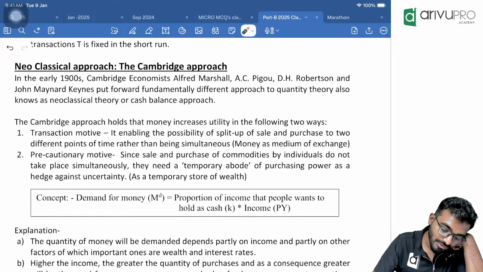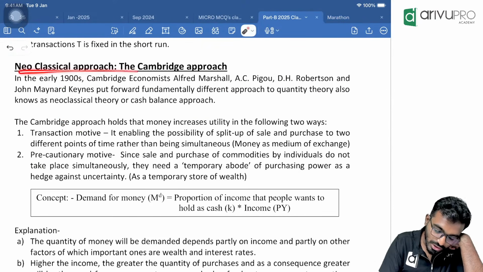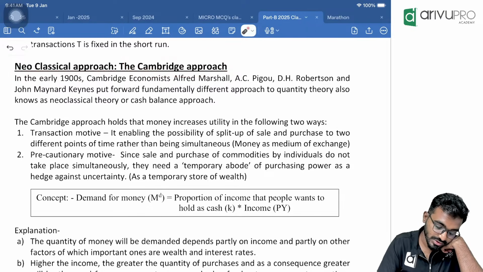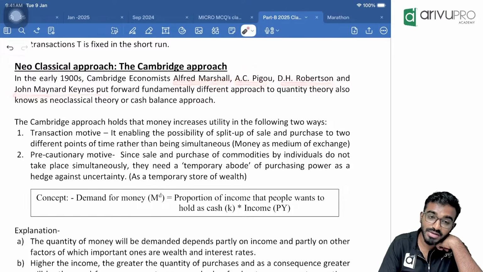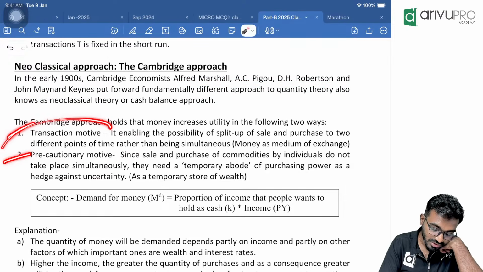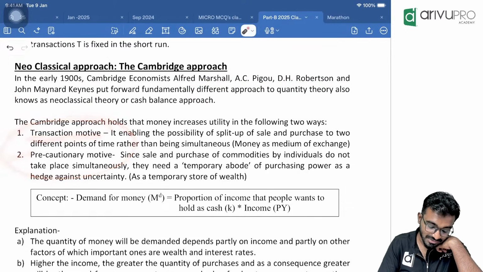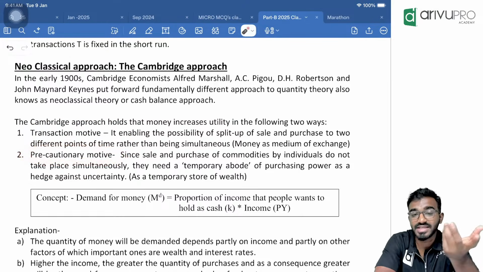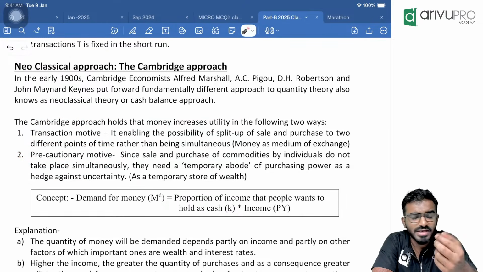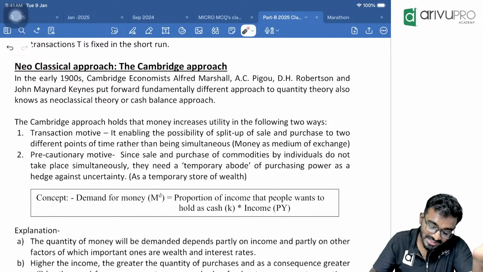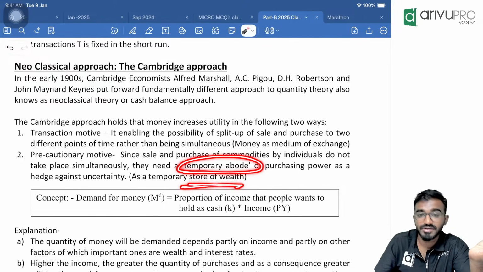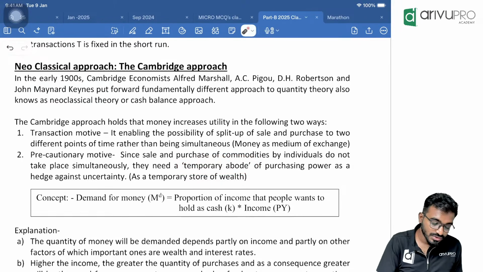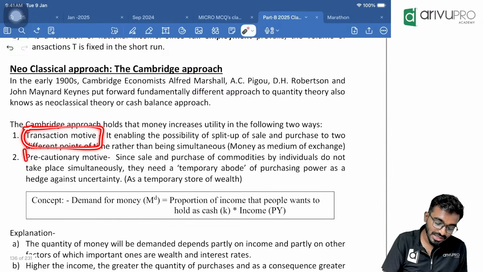But in case of the neoclassical approach, or Cambridge approach, which is supported by Alfred Marshall, A.C. Pigou, Robertson, John Maynard Keynes, they say money is used for both transaction purpose as well as precautionary purpose for some unexpected emergency, or tomorrow price may increase for the goods. I have to buy the goods, right? If price goes up, I need more money to buy the same goods. So I will use it as a temporary store of wealth. So money is used for both the purposes, transaction as well as precautionary.